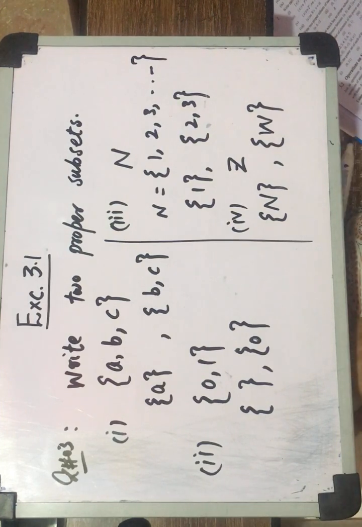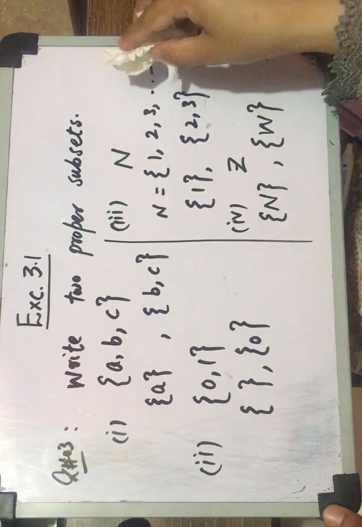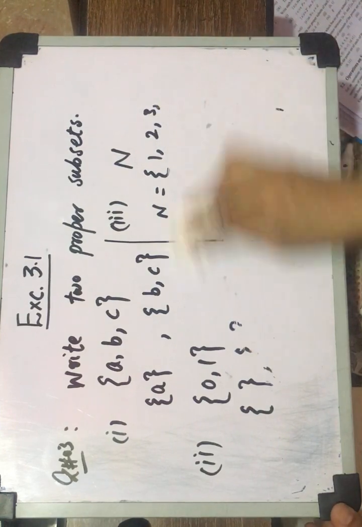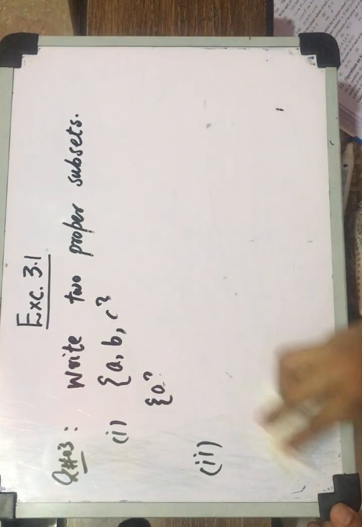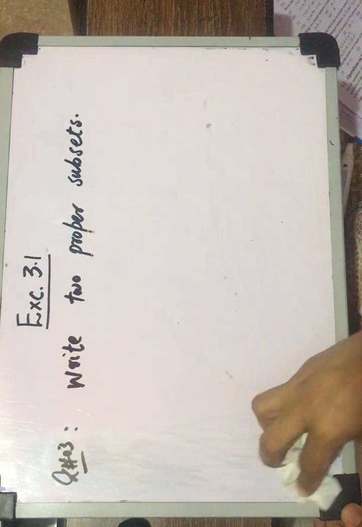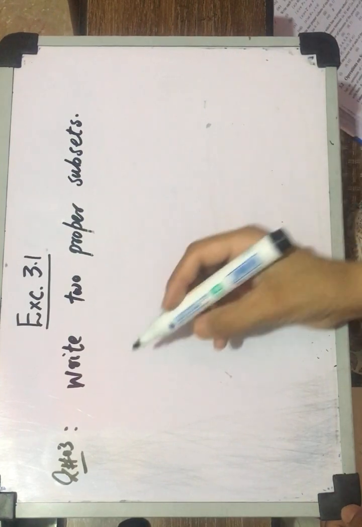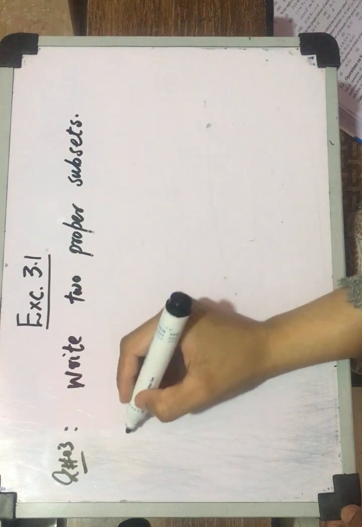Okay students, let's move towards another question, that is rational numbers Q. Rational numbers Q is a set that is bigger than natural numbers, whole numbers and integers.